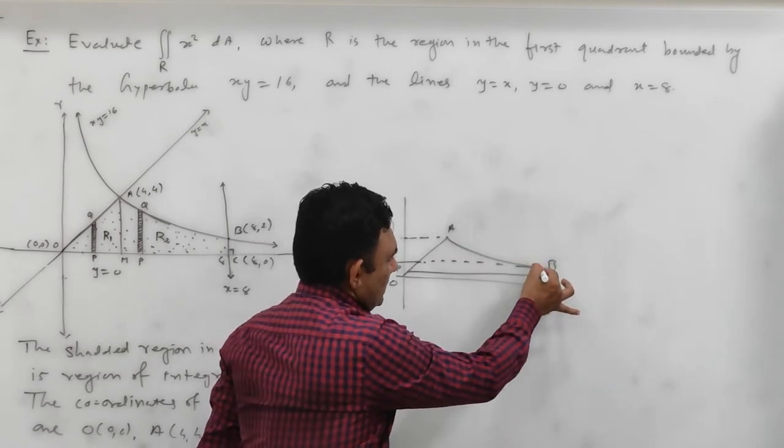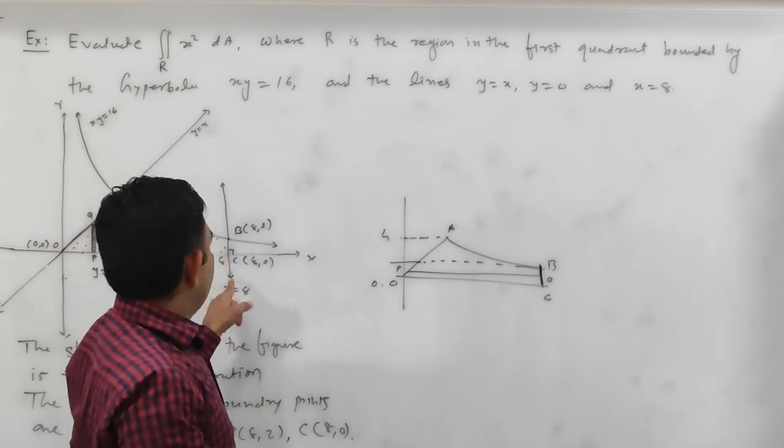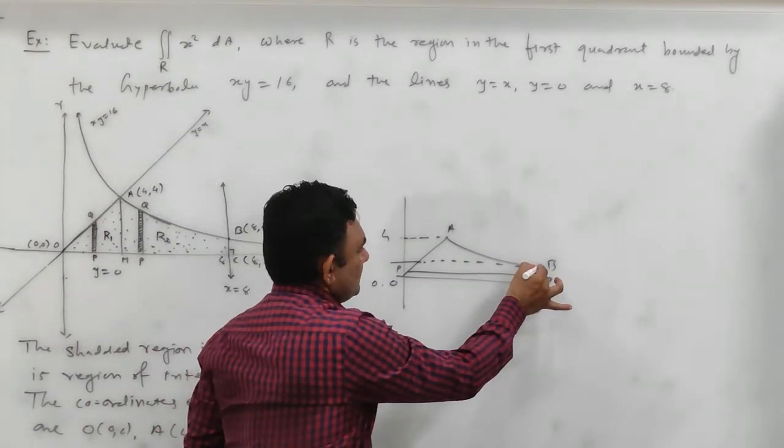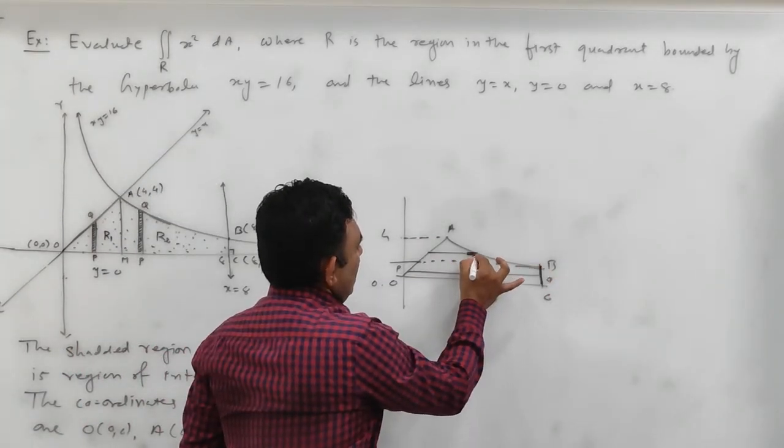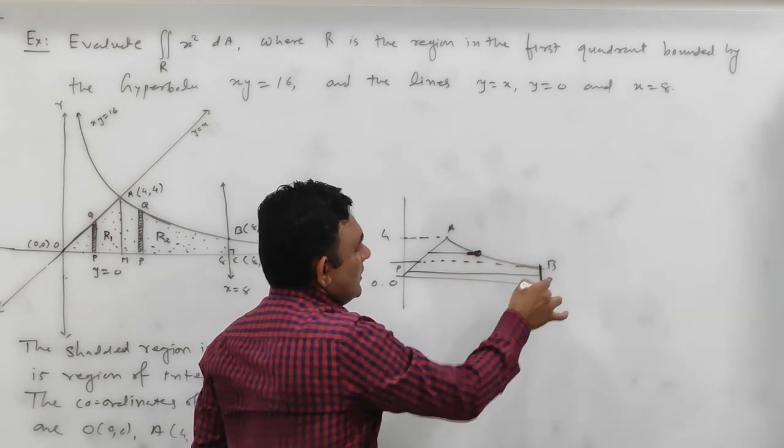Up to B it is on x equal to 8, but after this the right hand end of the strip changes the curve.